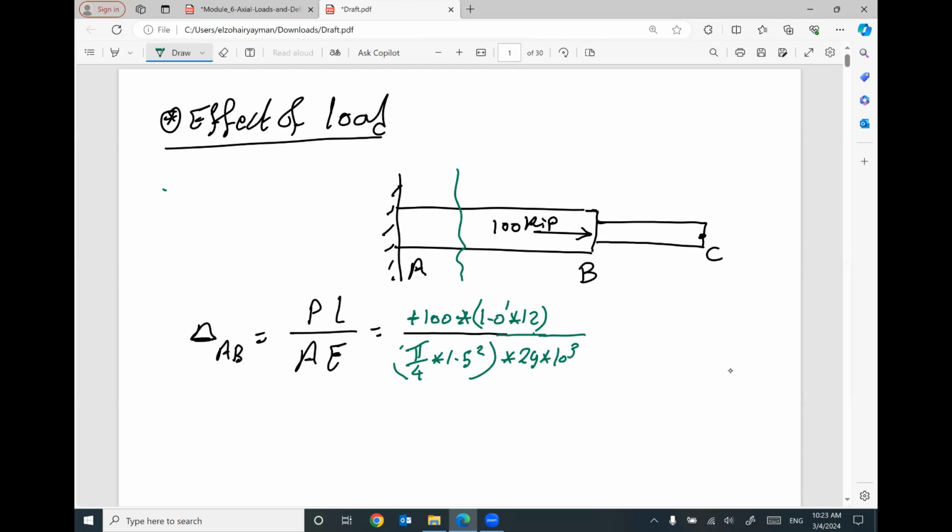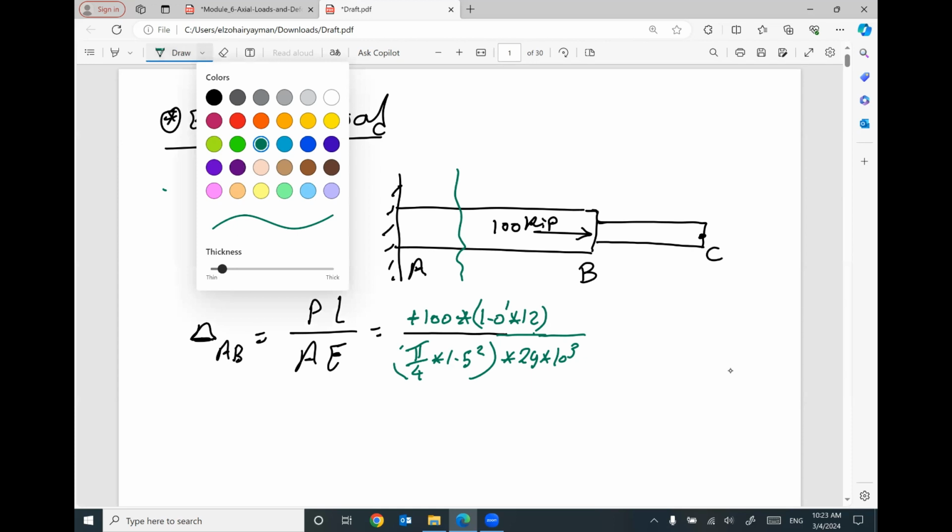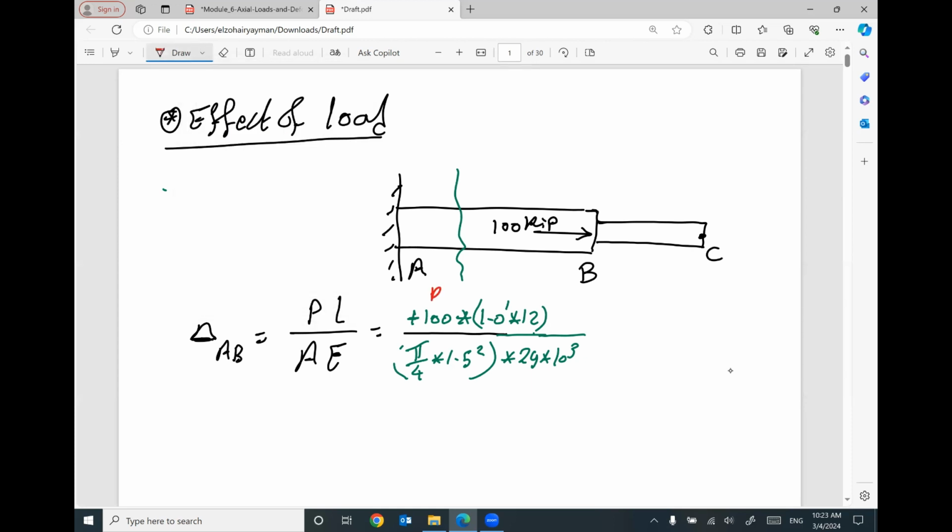Looks like everything is matching. The unit of this one is kip, this one is in inch, this one in inch squared, and this one in kip per inch squared. We are good.